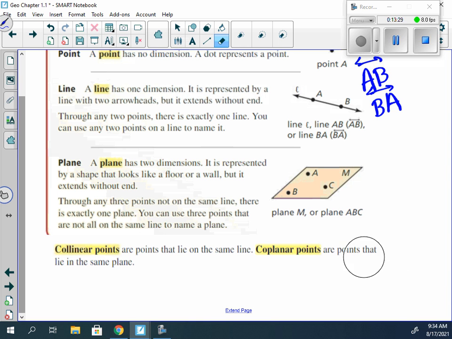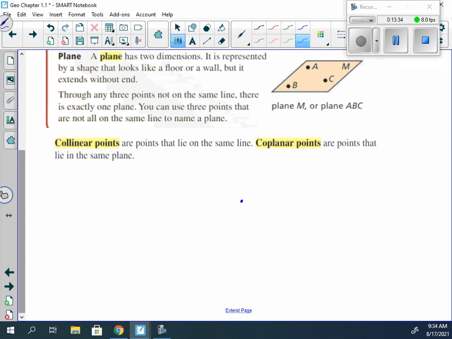Now there is one other definition on here. So coplanar and collinear. Now, these definitions here are not actually that bad. Collinear. Linear means line. Collinear means on the same line. Coplanar, on the same plane. So points that lie on the same plane are considered to be coplanar. Points that lie on the same line are considered to be collinear. Collinear, points on the same line.